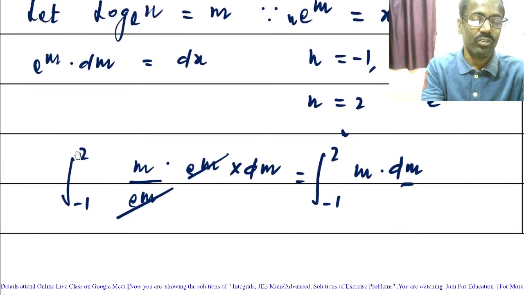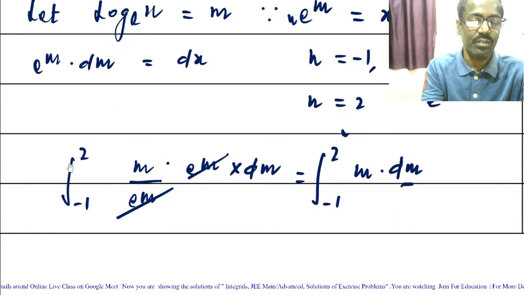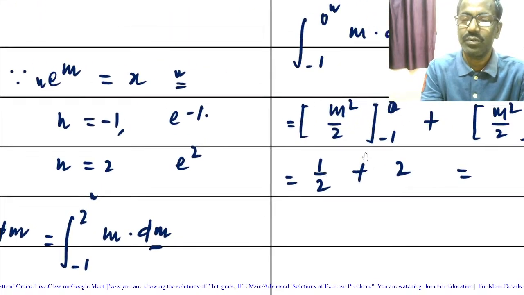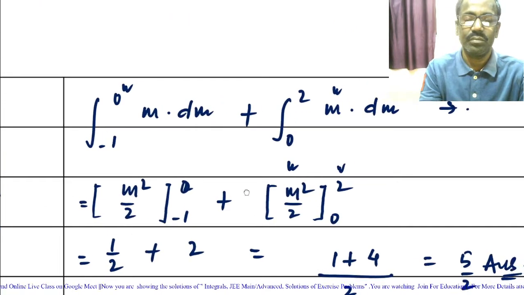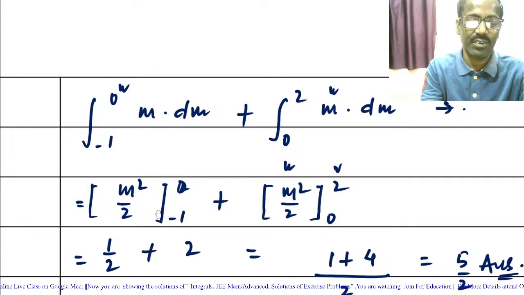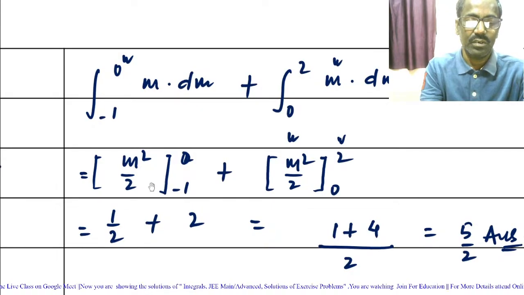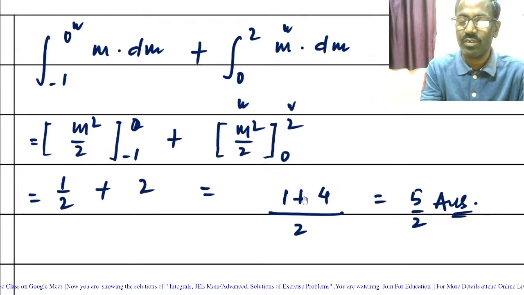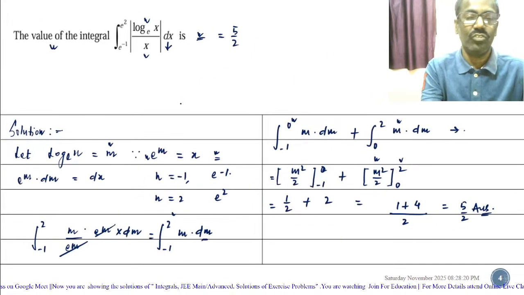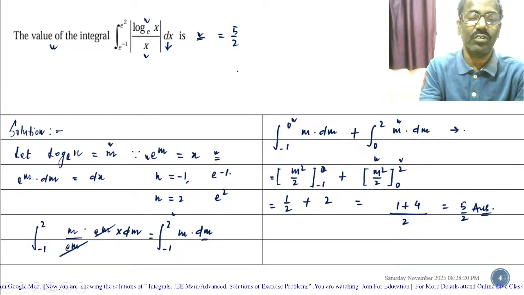So the form of the question is this. After cancelling out, we get this, the next step is this, and after the simple integration, at last we get 5 by 2. I hope there is no problem understanding the solution of this question.